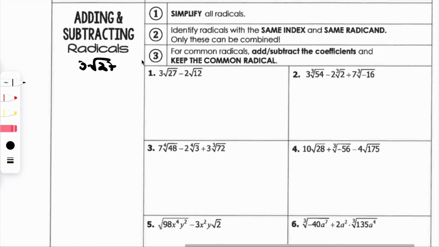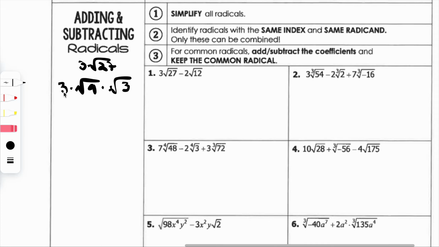Then we have 3 squared, which is 9. 9 is a factor of 27. So we're going to write 3 times root 9 times, and what do I need to multiply 9 by to get to 27? Root 3. Okay?